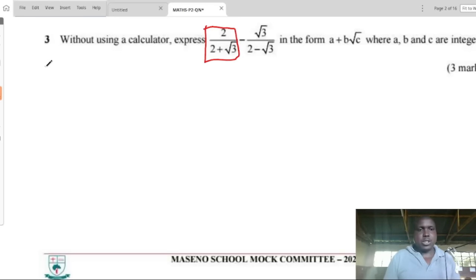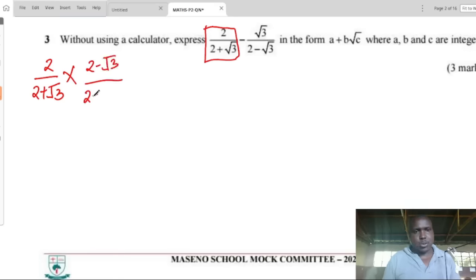So this one is 2 over 2 plus the root of 3. Now, you multiply times the conjugate of the denominator. The denominator, we want to rationalize. So the conjugate of the denominator will be 2 minus root 3 divided by 2 minus root 3.